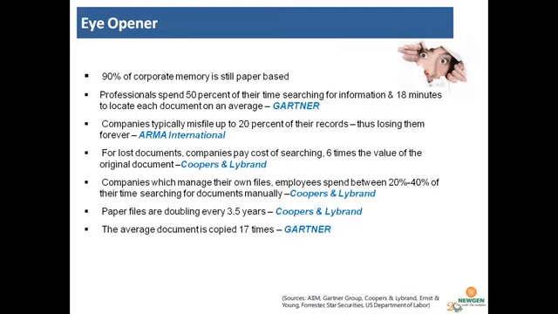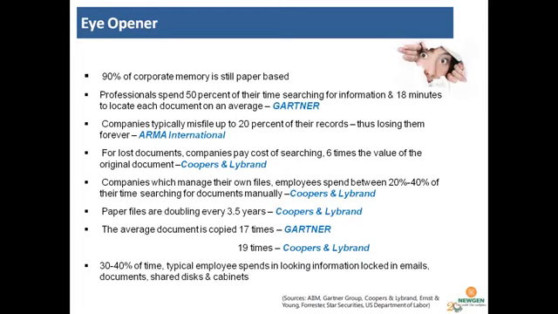The average document is copied 17 times in approximately 2 years, and if we talk about the entire document life cycle of 20 years, in a loan or insurance scenario, sometimes it is copied up to 50 times, or printed out 19 times. 30 to 40% of the time, an employee typically spends looking for information in emails, shared disks, and cabinets. We always search our emails when we require documents.